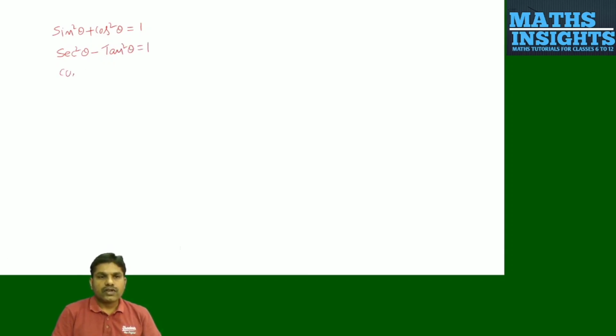And the third one is cosecant square theta minus cot square theta is equal to 1. These are the identities, because they are satisfied for all values of theta. Hence, they are called identities.